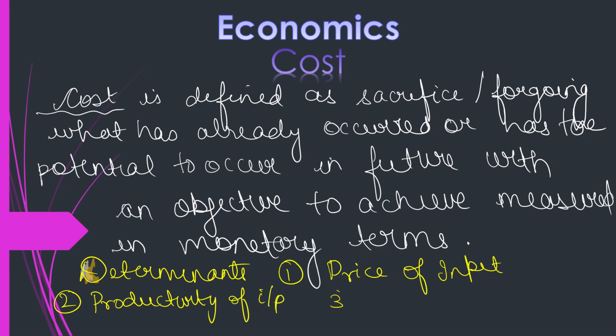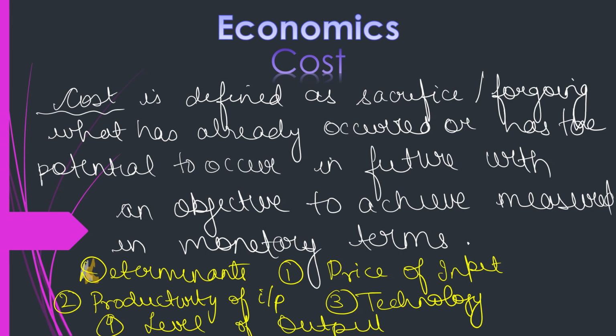Third, technology. And fourth, your level of output. Your C, let's write it on the next slide. Your C is given as a function of Q, T, and PF, where Q stands for your output, T stands for technology, and PF stands for price of input.